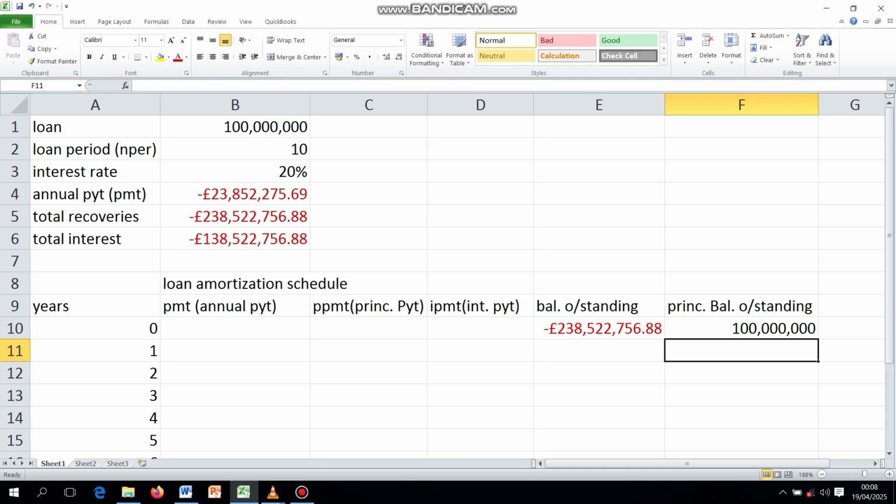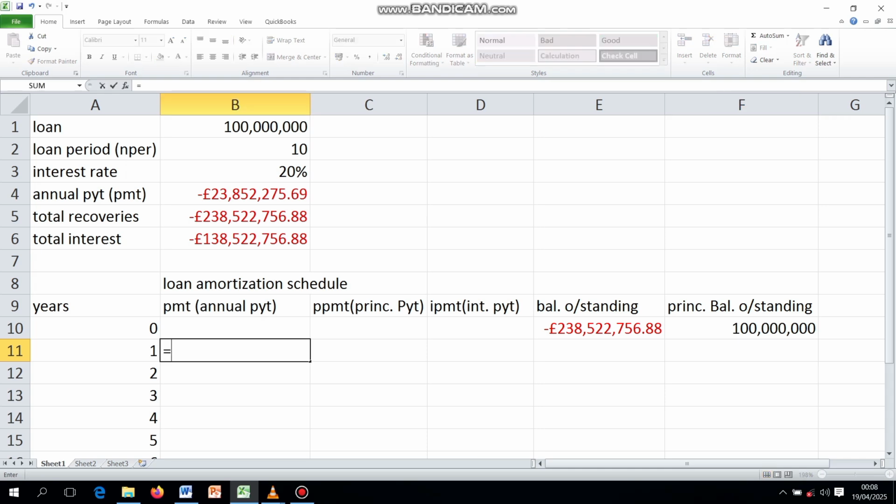So I'm going to come here in the first year and get the annual payment which was made, and to get it I'll use the payment formula. I open the brackets, the rate which is 20%, put a comma, then the period which is 10, put a comma, the present value, I also put a comma, then the future value which is 0, put a comma, and the type which is also 0. Then I close.